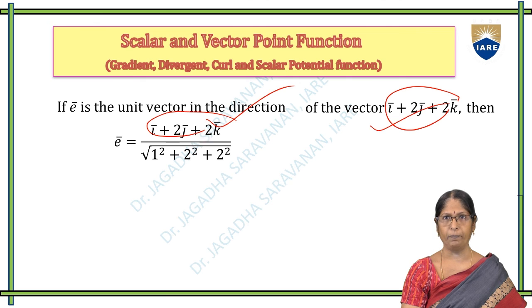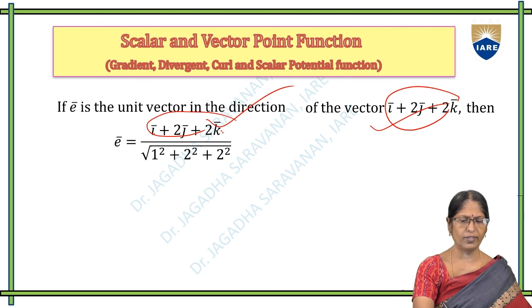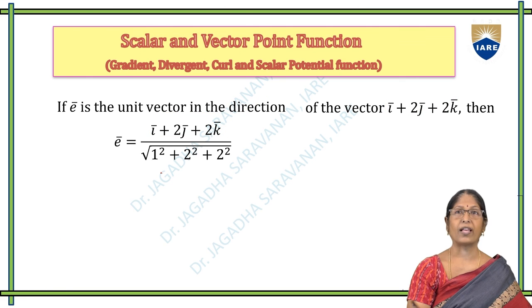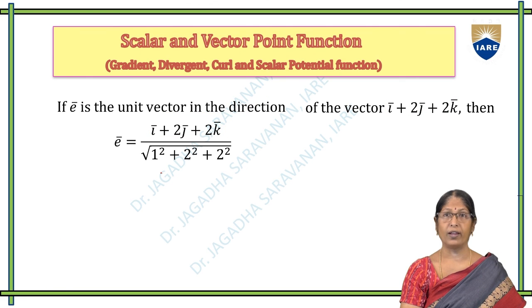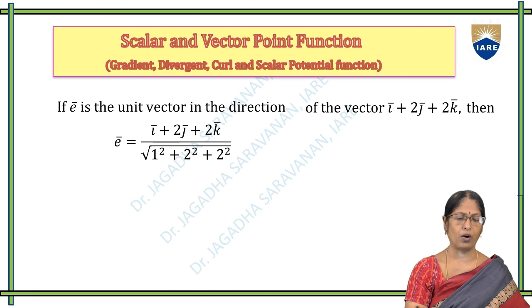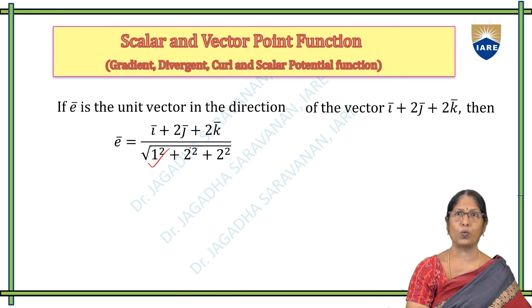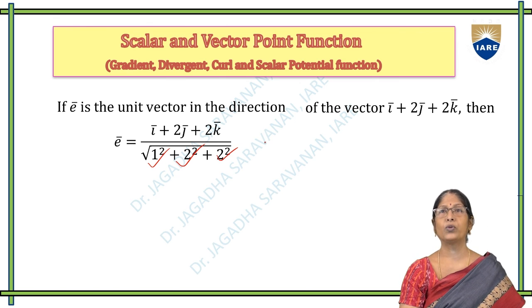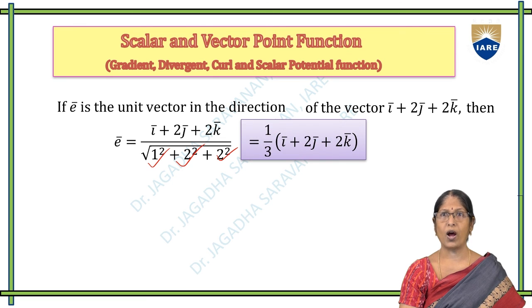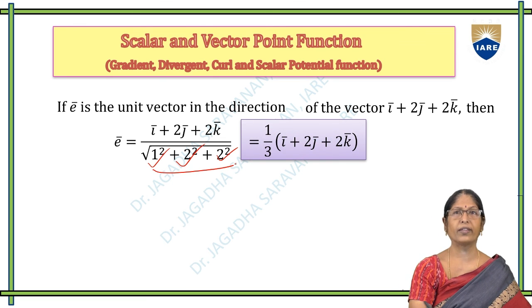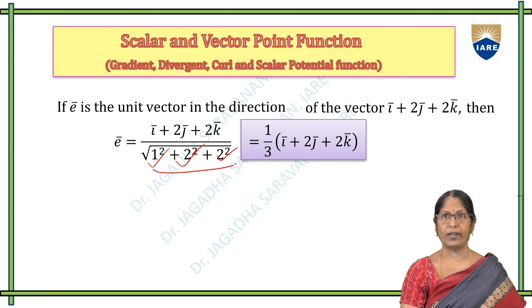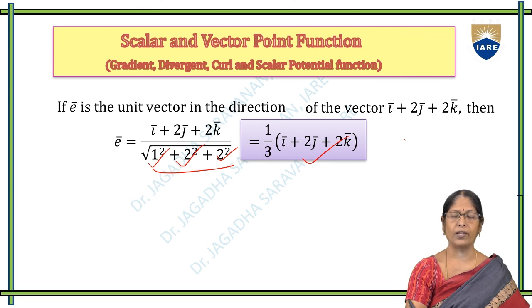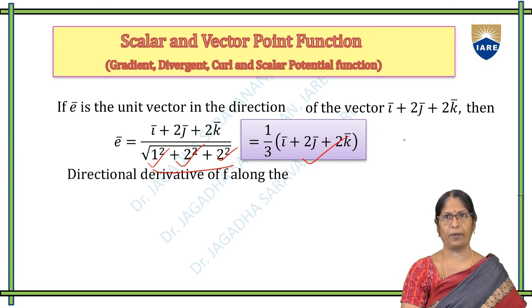So it is i plus 2j plus 2k divided by the square root of 1 squared plus 2 squared plus 2 squared. That is 1 by the square root of 9, so 1 by 3 of i plus 2j plus 2k.